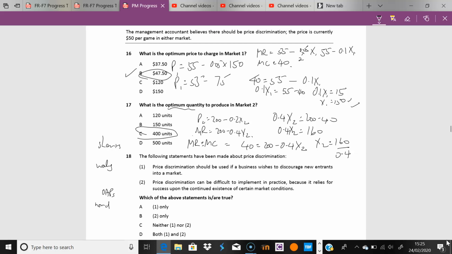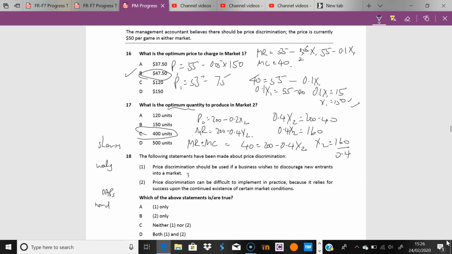The rail card is a good example. You can offer the same product, which is the rail line or the trains, to people in different classes by charging them different amounts. So you need a way to verify completely different markets. Just make sure they can't cross over. We don't use price discrimination to discourage new entrants into a market.